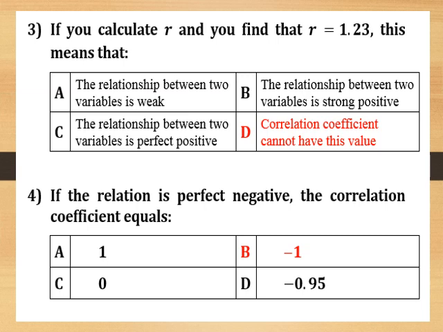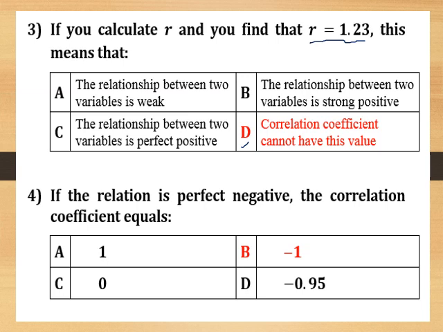So if R equals 1.23, then there are incorrect or missing computations. So the correct answer is D, the correlation coefficient can't have this value.